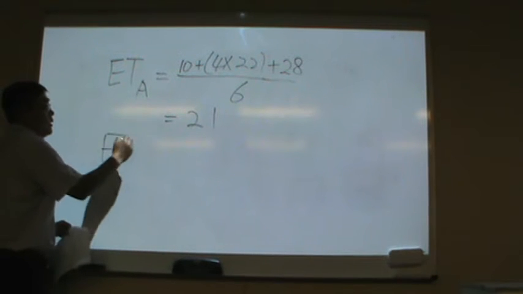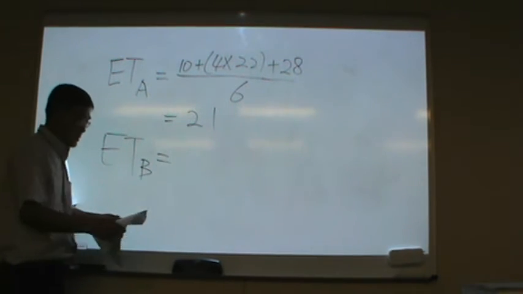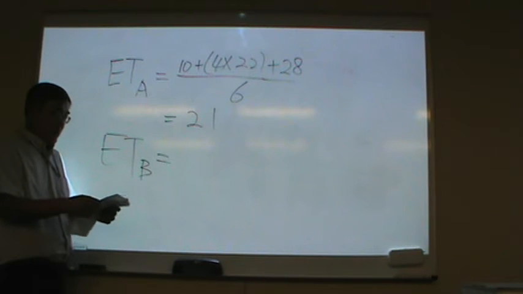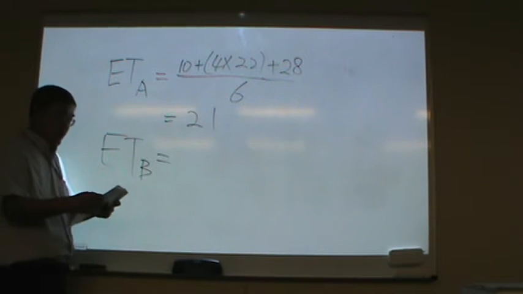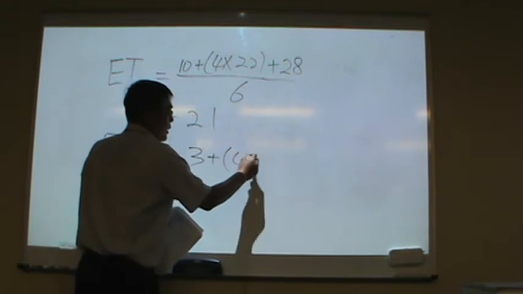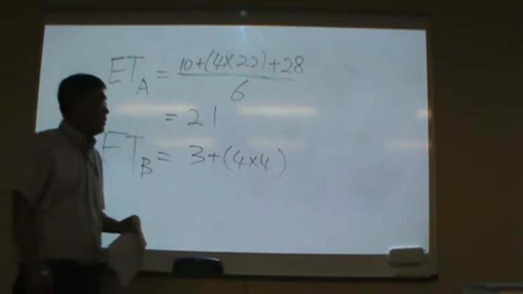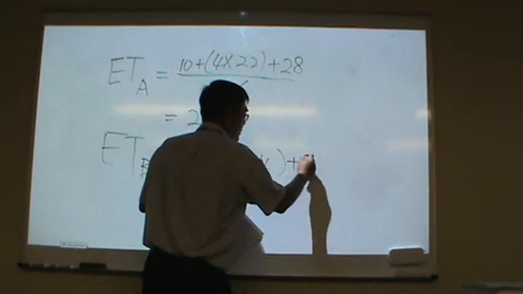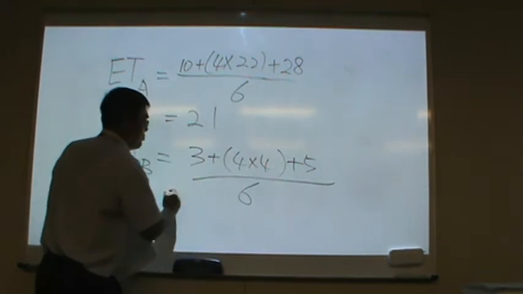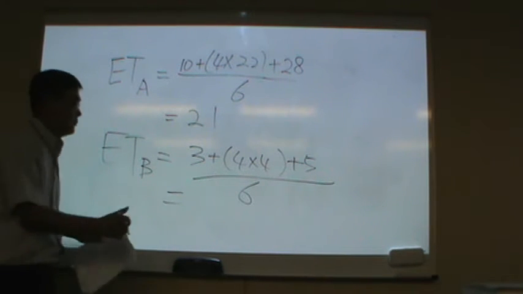If I need the expected time for activity B, the optimistic time for activity B is 3, plus 4 times 4, plus 5, divided by 6 equals 4.